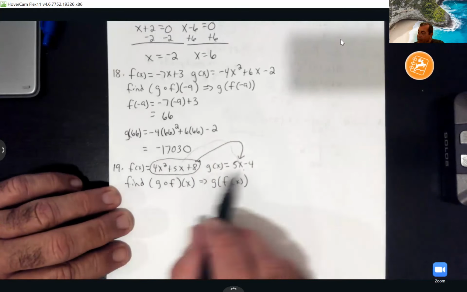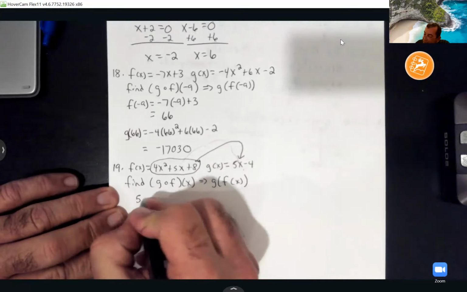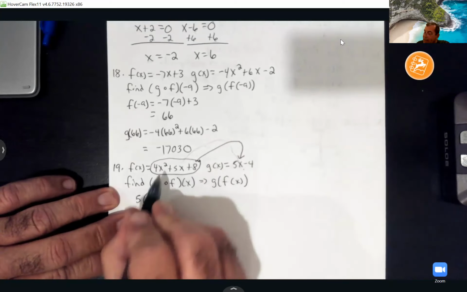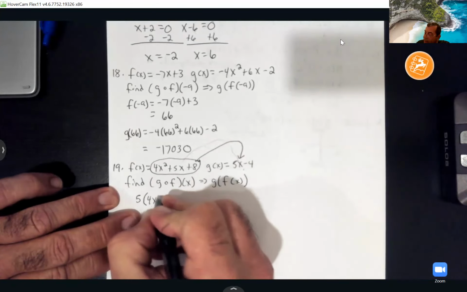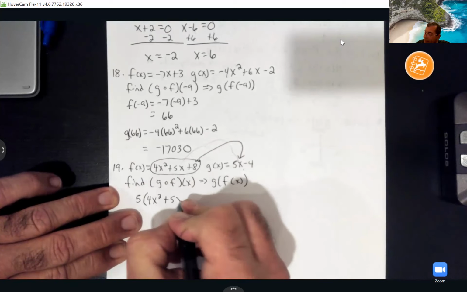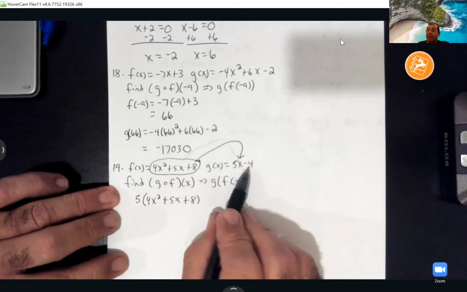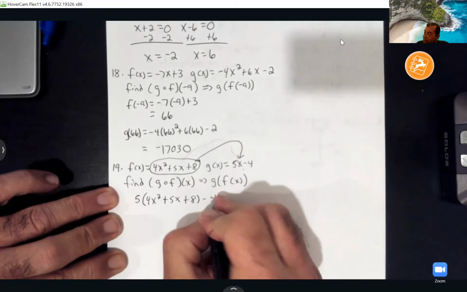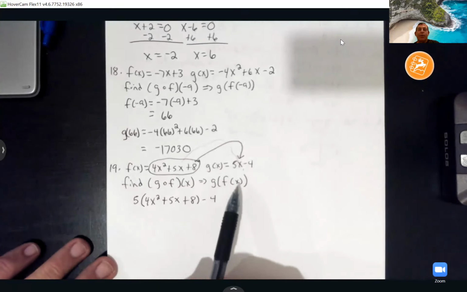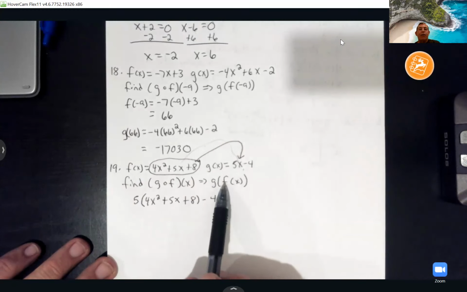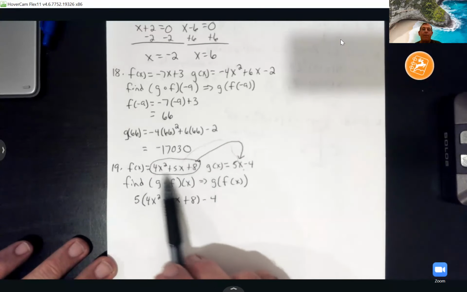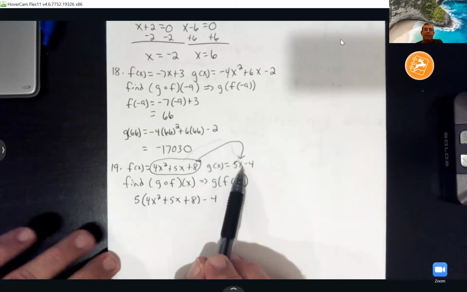If I plug all this into that x, I have 5 times 4x squared plus 5x plus 8. And then at the end is a minus 4. Okay, so you're going to take your f function and put the whole function into the g of x.